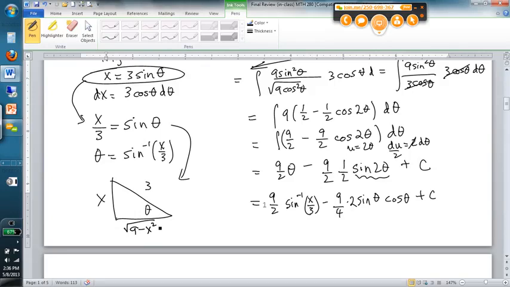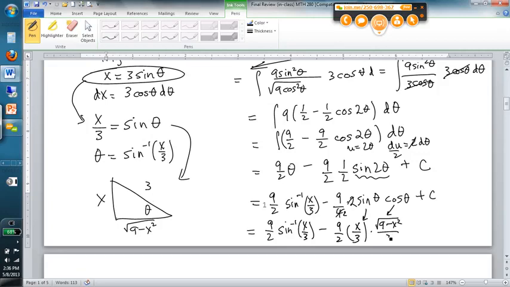So it's going to be 9/2 sine inverse x over 3 minus, that cancels there, so that would be 9/2. And then sine of theta is x over 3, and cosine of theta is the square root of 9 minus x squared over 3. It's all coming back to you, right?